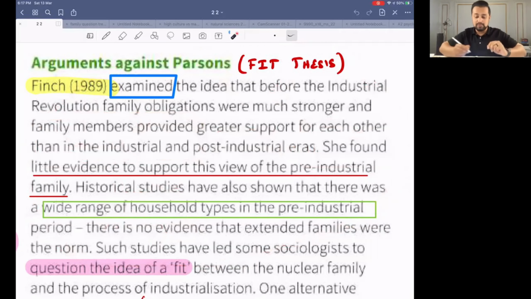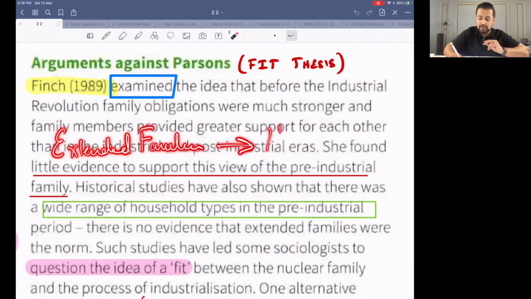Another thing I'd want everyone to keep in mind. Let me throw a quick question. When we talk about your understanding of how this evolution took place, or did it even take place, the general understanding that we all hold is that earlier we had extended families, we lived in big families, and today, with the passage of time, we have nuclear families. How many of you agree to this?